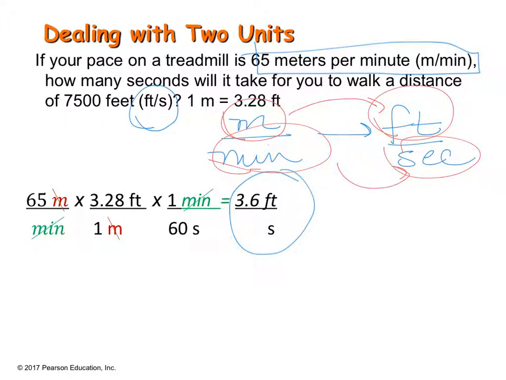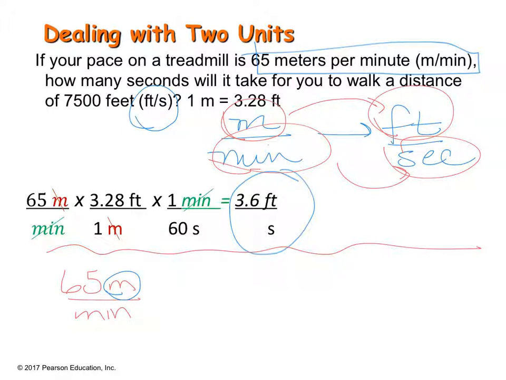What I've shown here is working it all out in one fell swoop, but sometimes I prefer to separate it out. So let me show you what I mean. 65 meters per minute. I'm not even going to think about the denominator yet. I'm just going to try to convert these meters to feet.